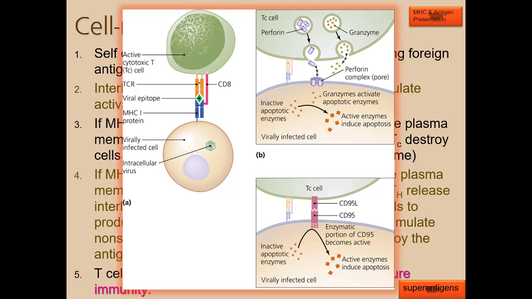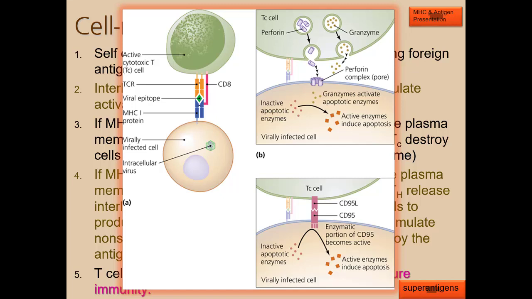Granzyme now moves through the pores into the viral infected cell. The viral infected cell now is activated to produce chemicals that cause it to commit suicide, to be destroyed. That is called apoptosis.